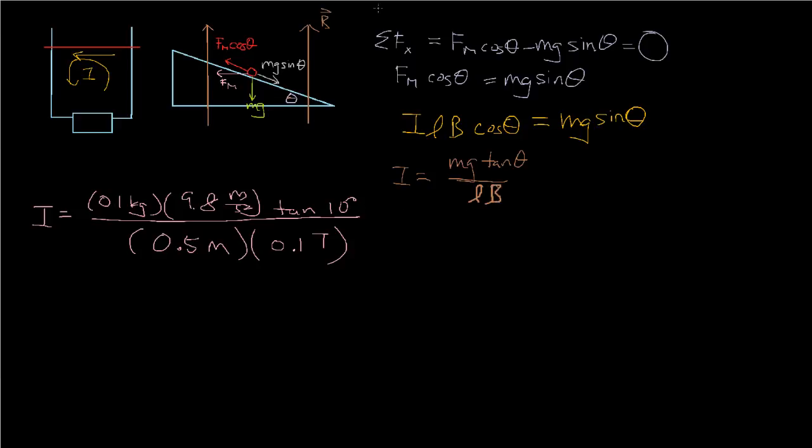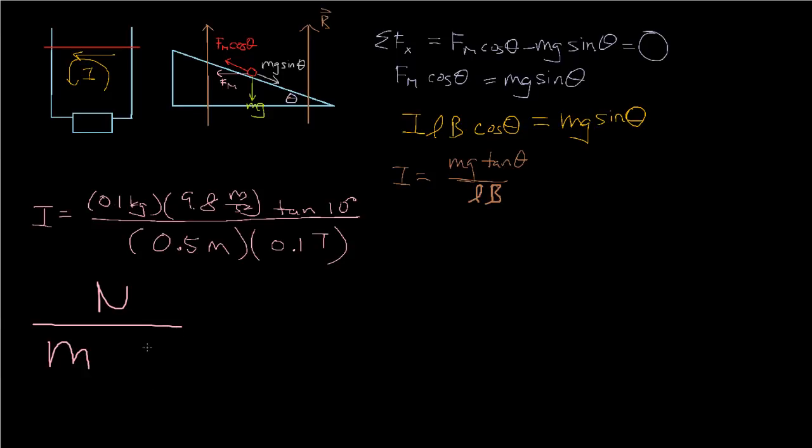So back to where we were before. We need to give our units a check. Kilogram meters squared, kilograms is meters over second squared, as we all know, gives us units. Tangent 10 degrees gives us no units. Let's move on to the bottom. Over meters.